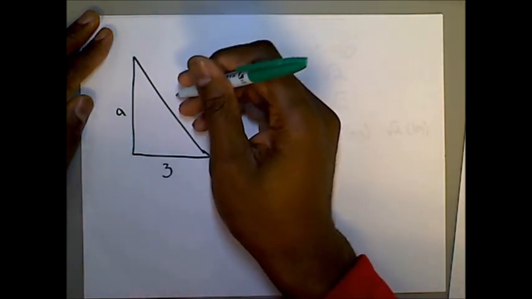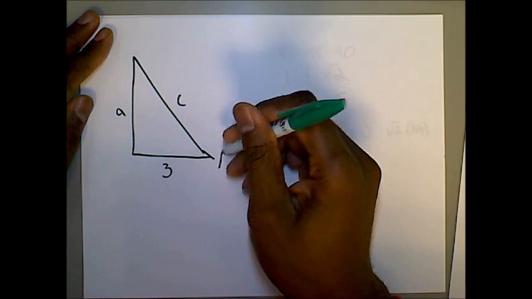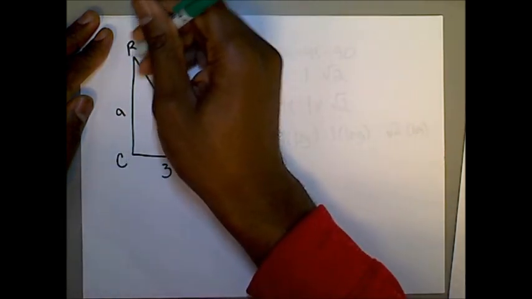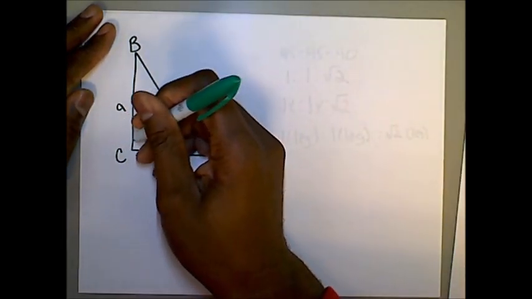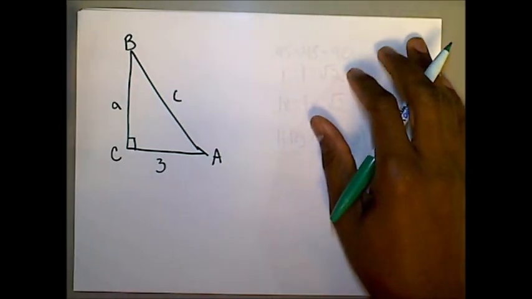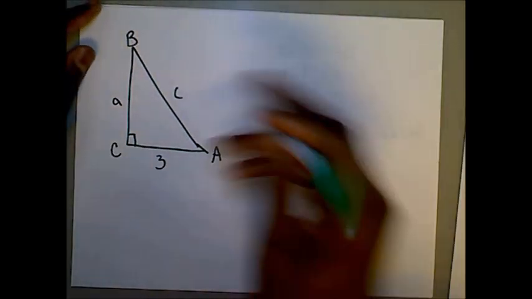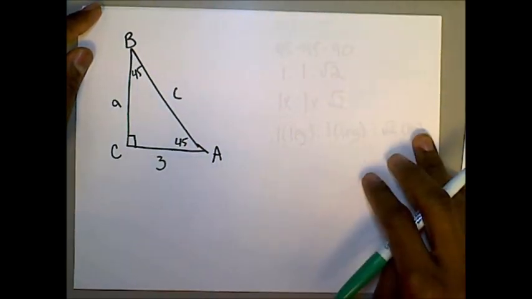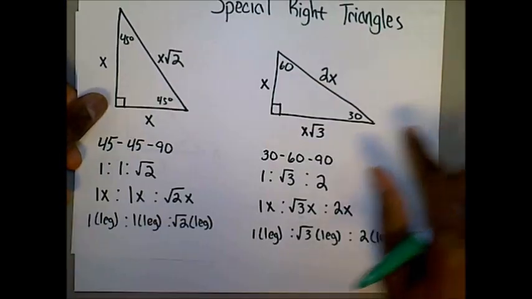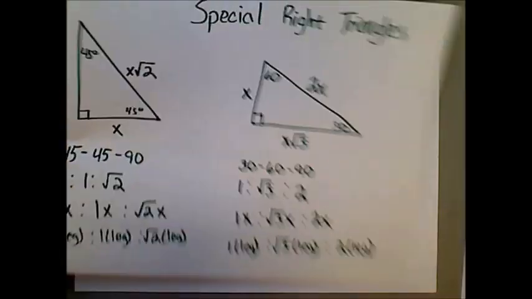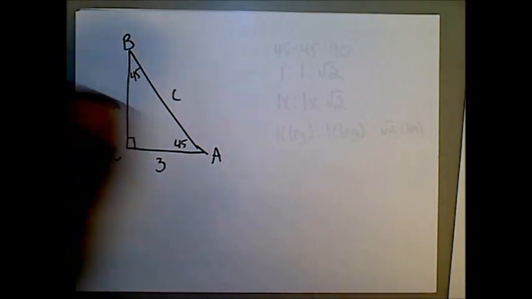This is a lowercase a, and this is C. A little fun fact: angles are always capitalized and sides are always lowercase. Taking a look at the previous ratio of a 45-45-90 triangle, this angle is 45 and this is 45. The 45-45-90 ratio gives me a 1 to 1 to square root of 2 ratio, or 1x, 1x, and square root of 2 times x.